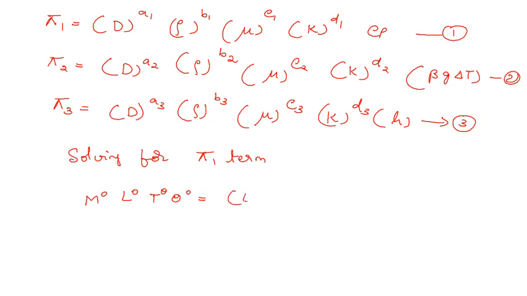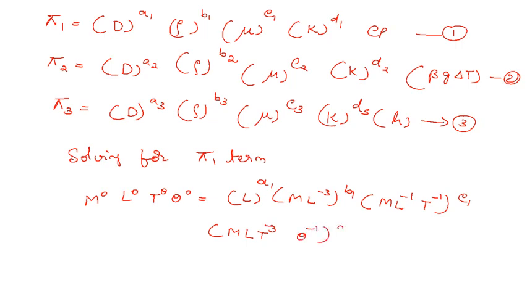That is equal to: the dimension of diameter is L to the power a1, density M L to the power minus 3 to the power b1, then for viscosity we have M L to the power minus 1 T to the power minus 1 to the power c1, then for the K value M L T to the power minus 3 theta to the power minus 1 to the power d1, and the Cp value in dimensional analysis we write as L square T to the power minus 2 and theta to the power minus 1.